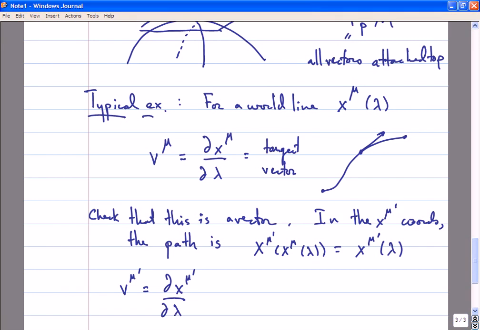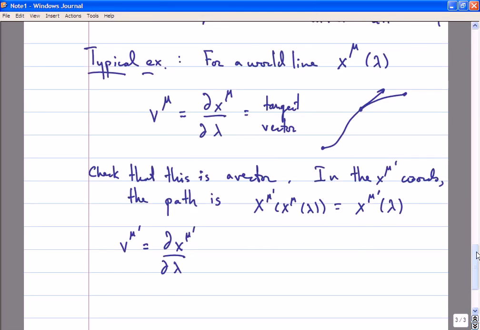Okay, so how is that related to v mu? Well, we just use the chain rule. So the x mu primes can be regarded as a function of the x mu's, which are themselves functions of lambda. So the chain rule then states that this is the sum over mu of dx mu prime by dx mu times dx mu by d lambda.